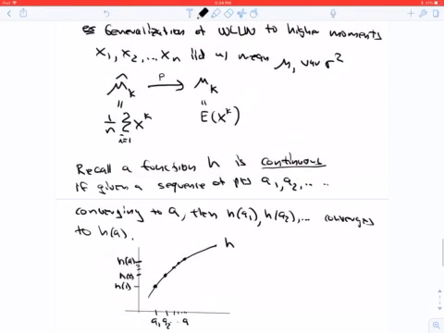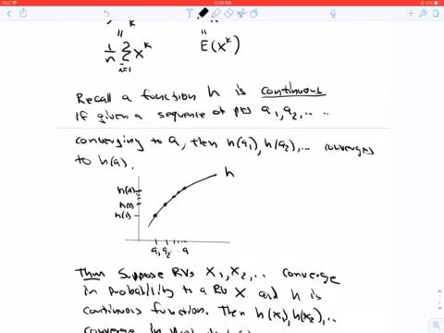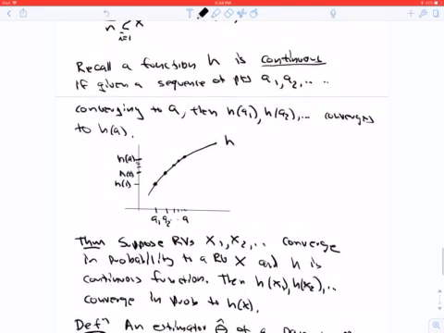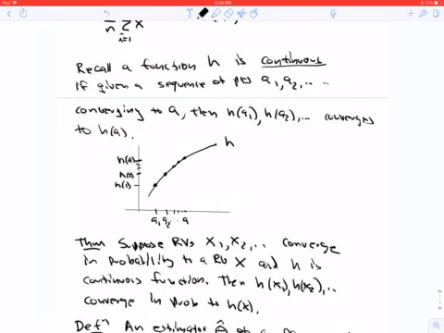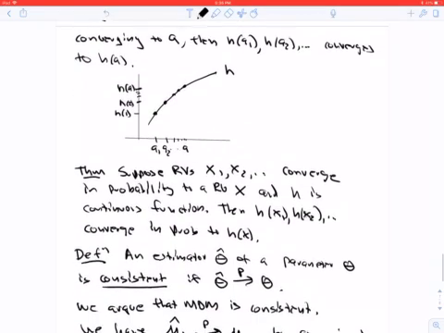Now what we're working towards is proving consistency, and we need to introduce the notion of a function being continuous. Recall that a function h is continuous if given a sequence of points a1, a2, and so on converging to a, then h of a1, h of a2, and so on converge to h of a.